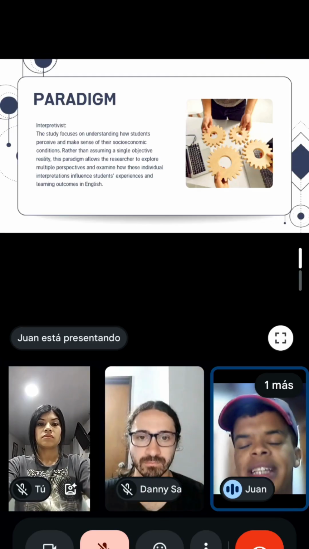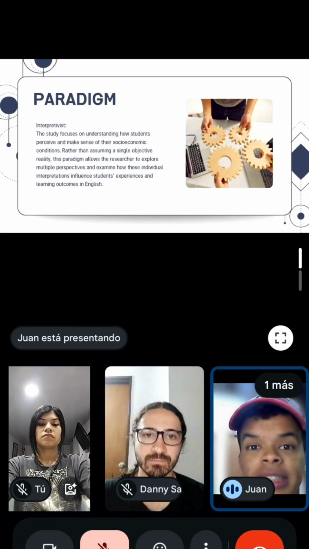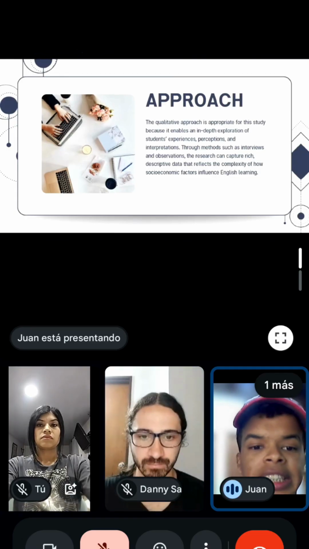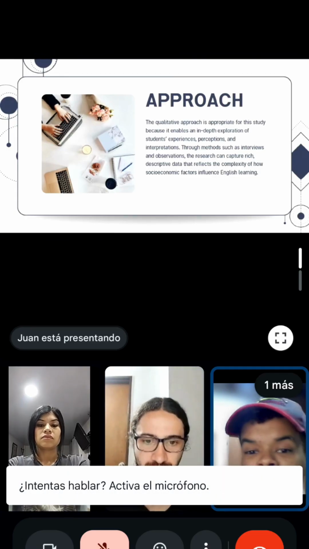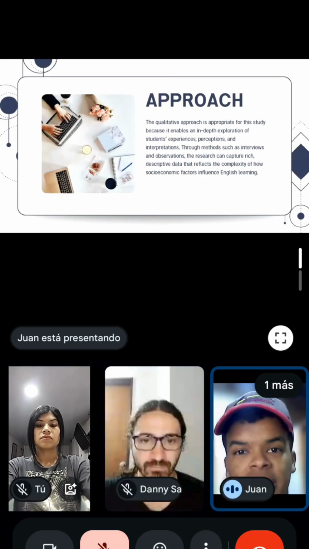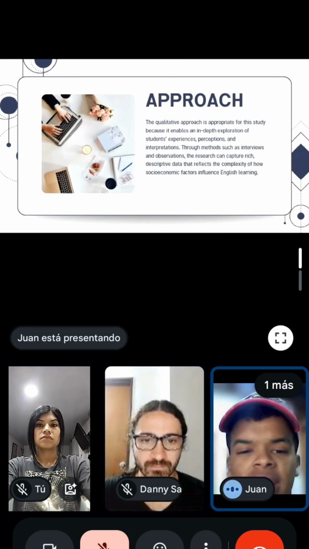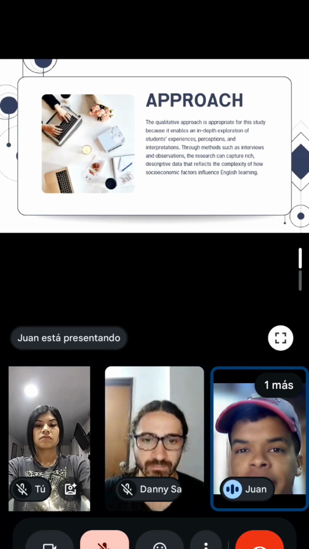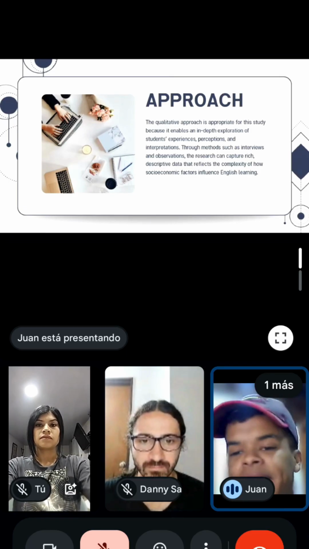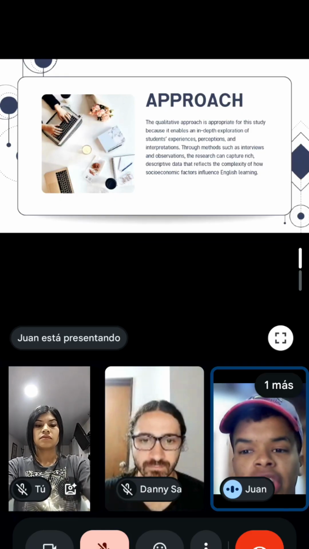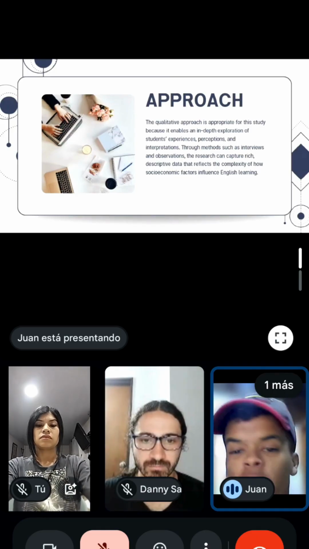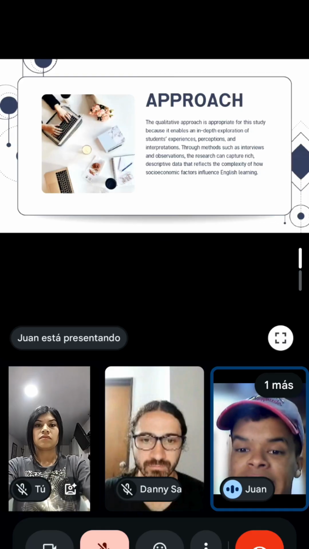In line with this paradigm, we adopted a qualitative approach. We also use that qualitative approach because we're interested in going deeper into students' experiences, not just by collecting numbers or statistics, but by using tools like interviews and observations so that we can understand what students think, feel, and go through in their learning processes.